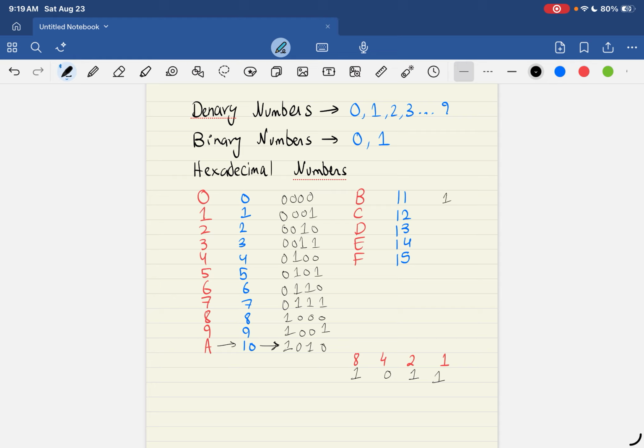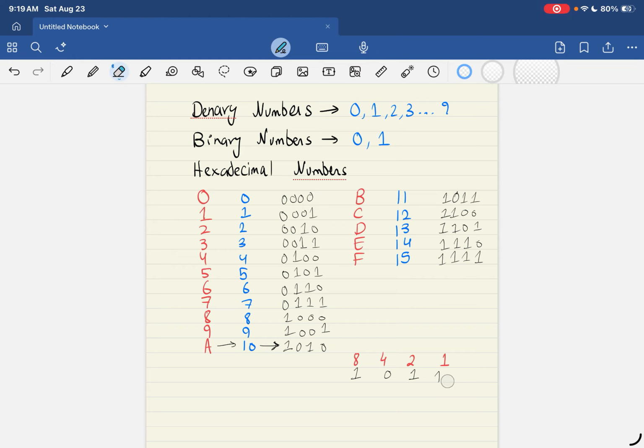So 1 0 1 1. Then for C, we will have 12, so these two. For D, it will be 13. For E, it would be 14. And for F, it would be 15, which is all ones.